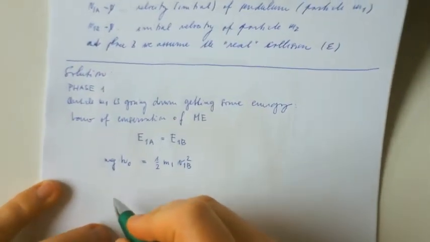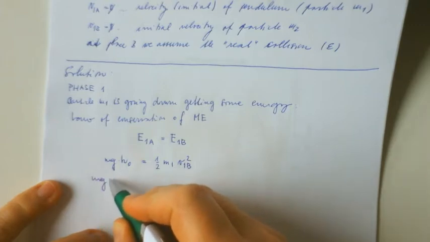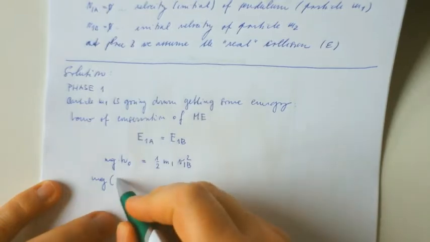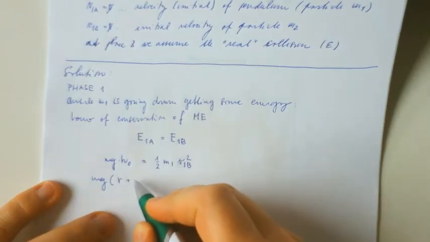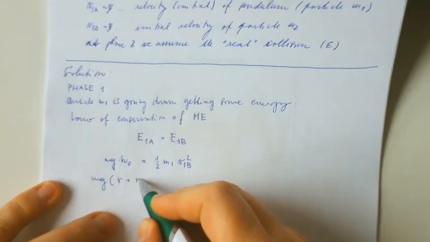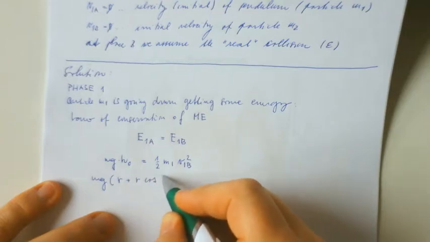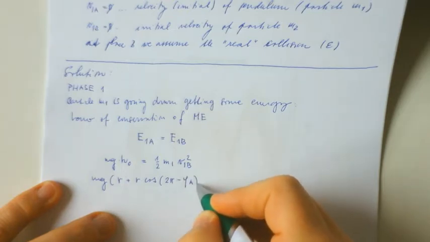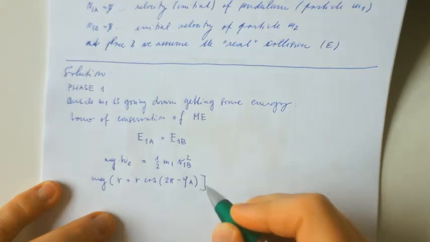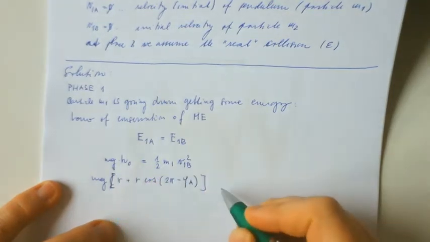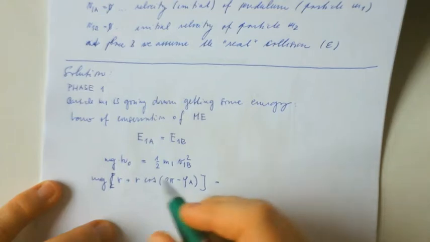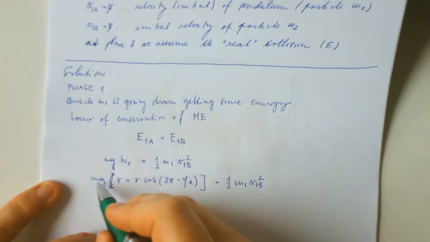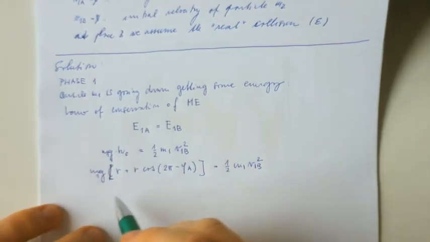So we need to express h0. You can look at the image and find that it is r plus r cosine of 2pi minus phi A. So it is equal to one half of m1 v1B squared.